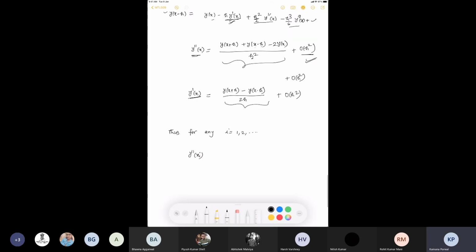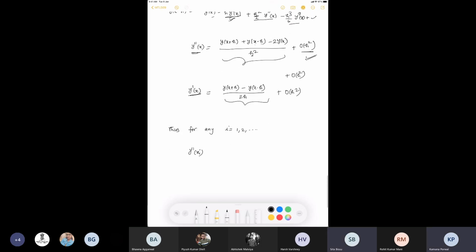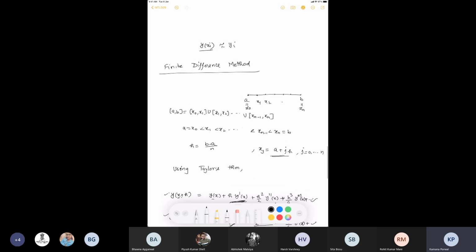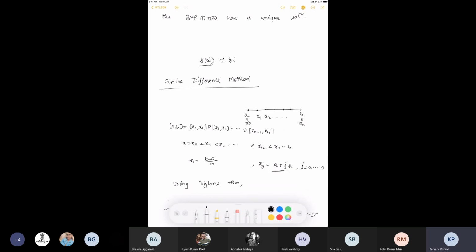And what is the last value I can have for i? Tell me. N minus 1, because the last index is n.